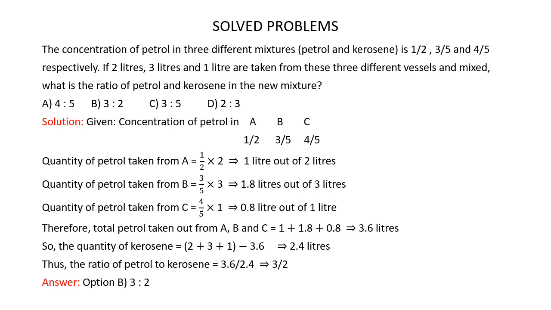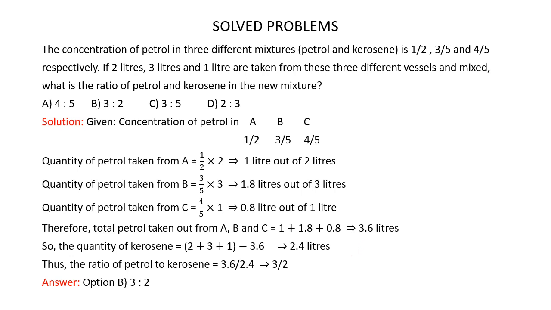Now we know that total petrol taken out from the 3 vessels is 3.6 liters and total amount taken from the 3 vessels is 6 liters. So quantity of kerosene is 6 minus 3.6, which is 2.4 liters. So total quantity of petrol is 3.6 liters and total quantity of kerosene is 2.4 liters.